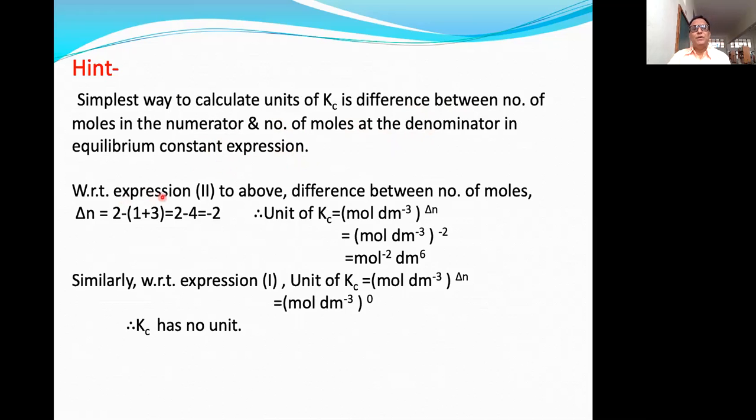Now with respect to expression second, as we have seen in the last slide, the difference between number of moles, that is delta n, equal to 2 minus, in bracket, 1 plus 3, that is equal to 2 minus 4, and that is equal to minus 2.